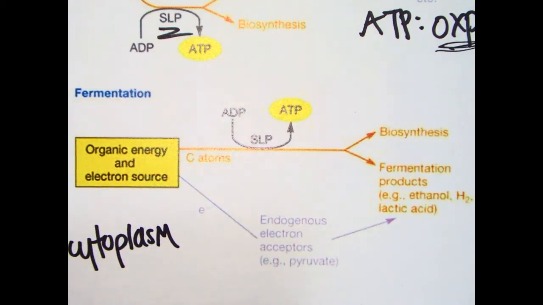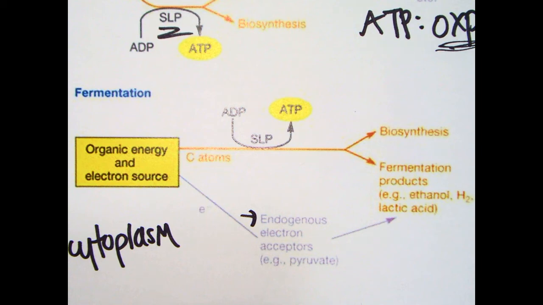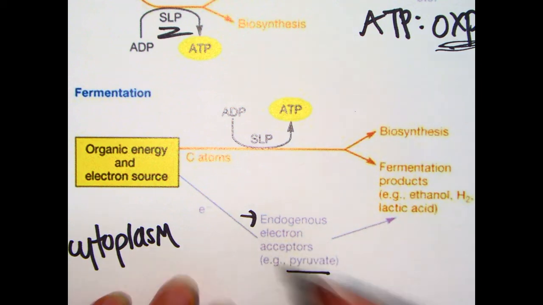It does not have an electron transport chain component, and it uses something called endogenous or internal electron acceptors. And so these will be compounds that are already part of the glycolytic process. So glycolysis makes pyruvate. If pyruvate, part of glycolysis, is then used to accept electrons, that makes it an endogenous or internal electron acceptor.